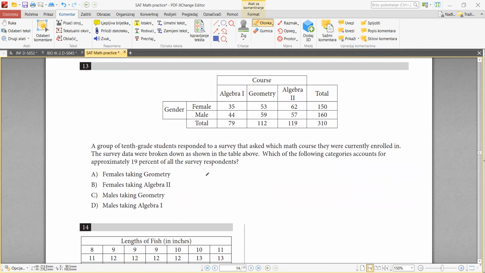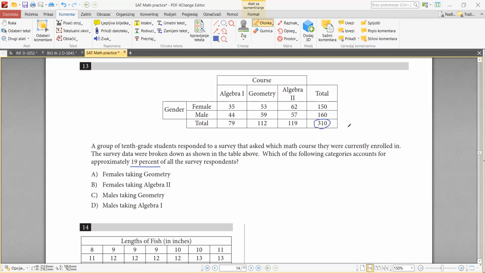Question 13. A group of 10th grade students responded to a survey that asked which math course they were currently enrolled in. The survey data were broken down as shown in the table above. Which of the following categories accounts for approximately 19% of all survey respondents? So we need 19% of all survey respondents.